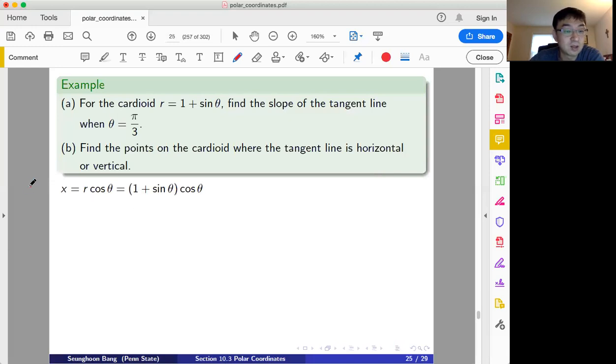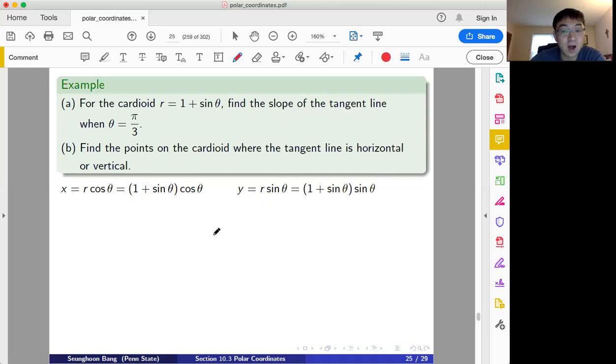What's r? Plug 1 plus sine theta into r. We have (1 plus sine theta) cosine theta as x. Same for y, r times sine theta: we have (1 plus sine theta) times sine theta.